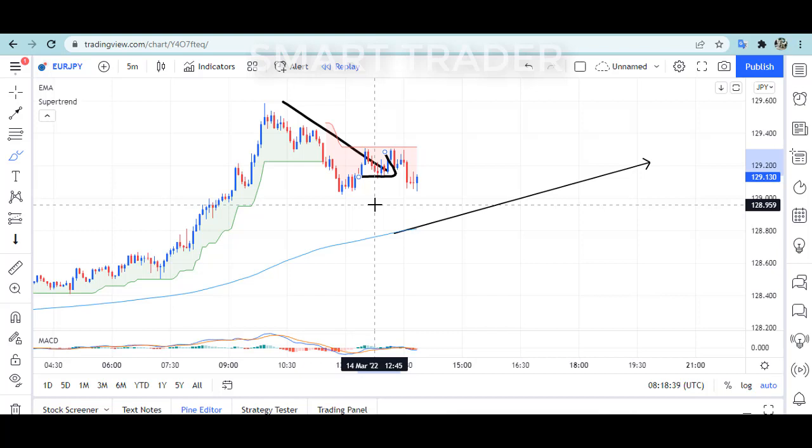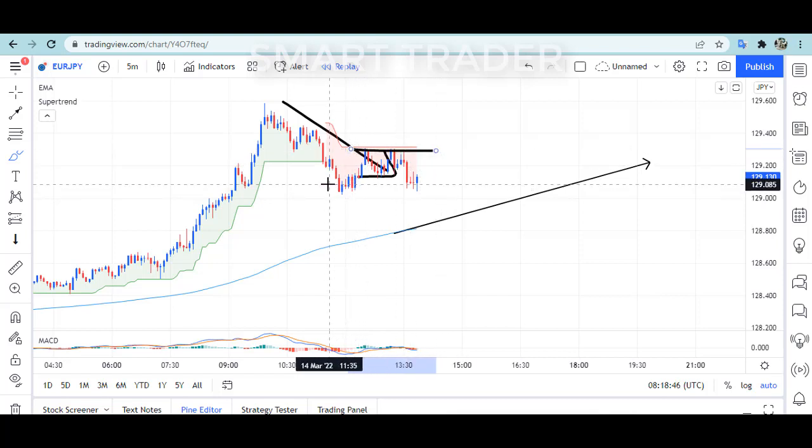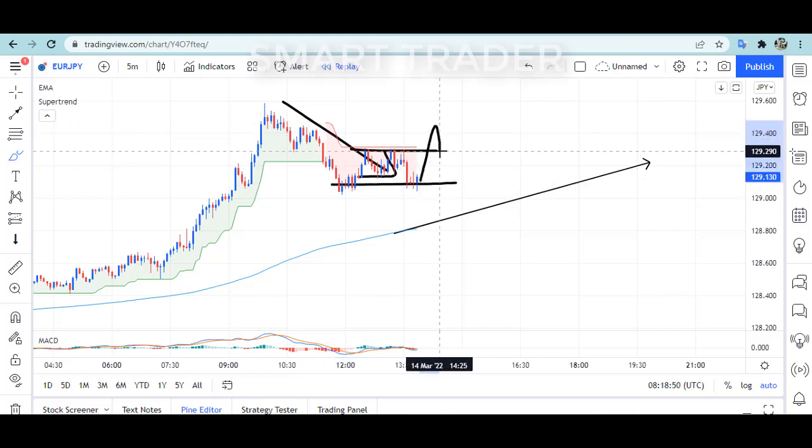Trading range means transition. I will identify a trading range, wait for the price to break out of the trading range, retest, and here is the entry for long.